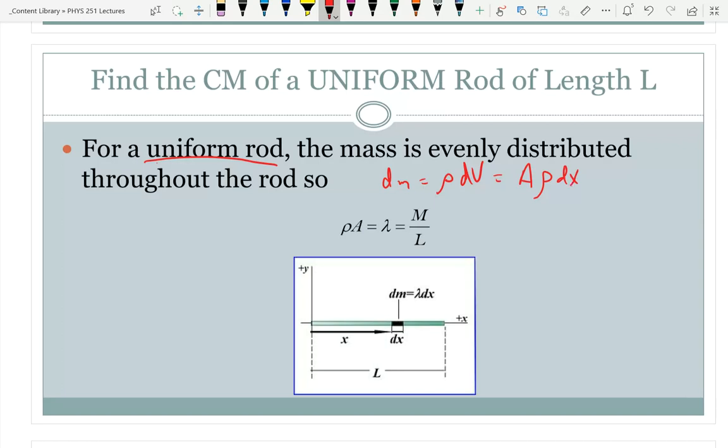Is lambda in this case the unit vector? No, it is not. Lambda is introduced as what rho times area equals, just so it's one less symbol to write as we go through our work. How does that equal mass over length?